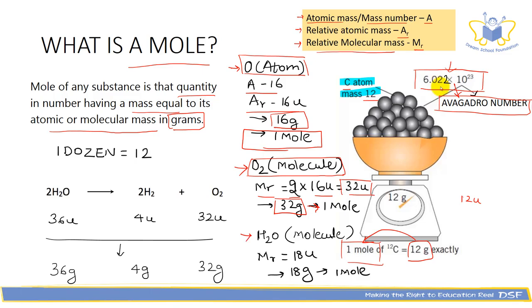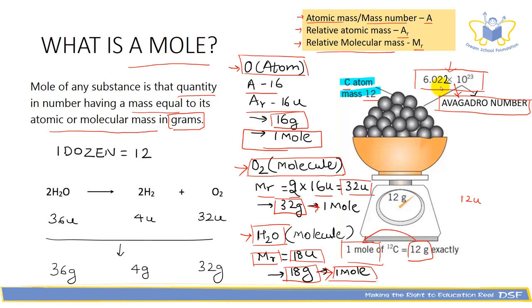So let us look at a compound. Here again we will take the relative molecular mass, which we already looked at, and the relative molecular mass of water is 18U. It just means that if I take 18 grams of water, I'm going to get 1 mole of water.